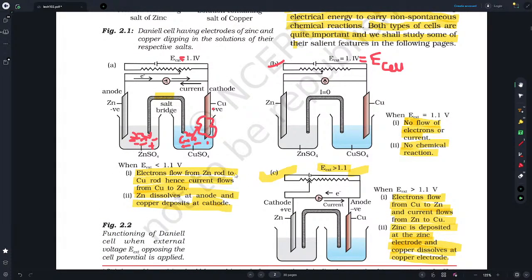Electrons flow from zinc rod to copper, and current will flow from copper to zinc, and zinc dissolves at anode and copper deposits at cathode.